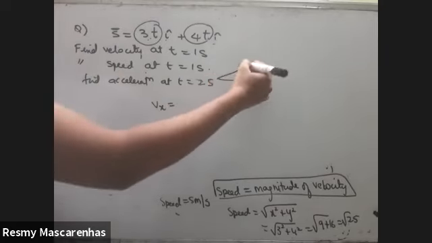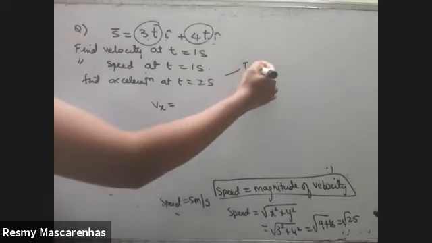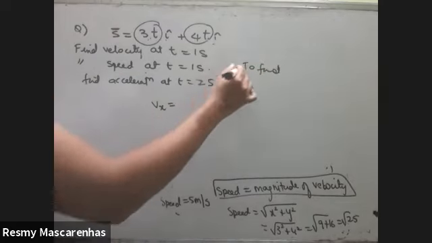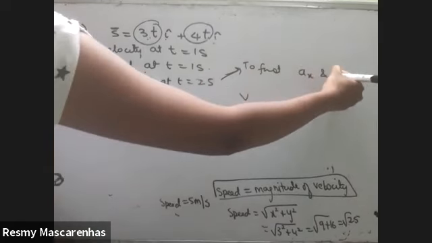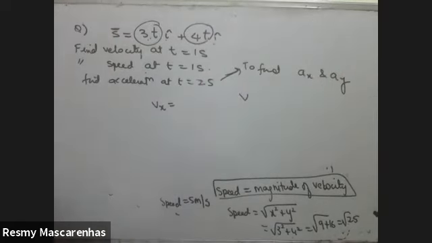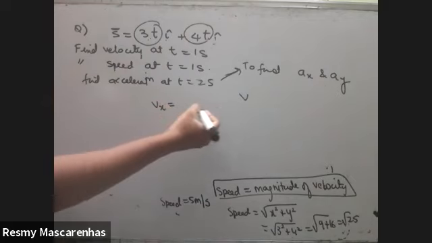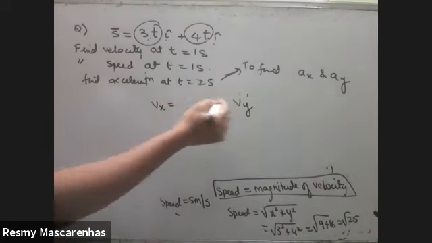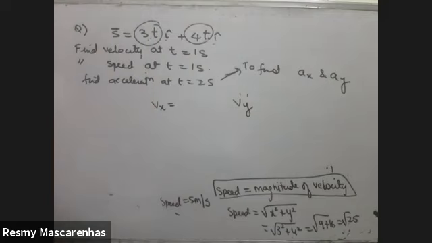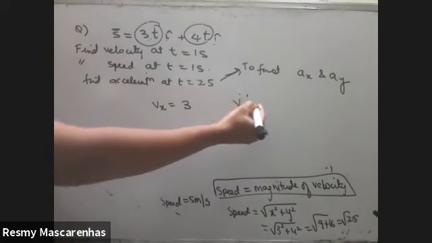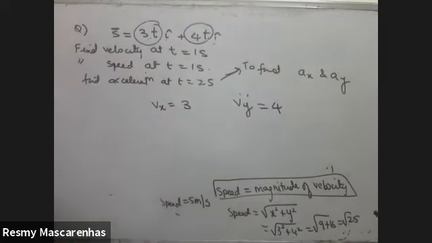So what I have to find are Ax and Ay, the separate components: acceleration of the x component and acceleration of the y component. In order to find Ax, what do I need? What is Vx and what is Vy? Vx, I got the answer as 3, and Vy as 4. So just write it back.